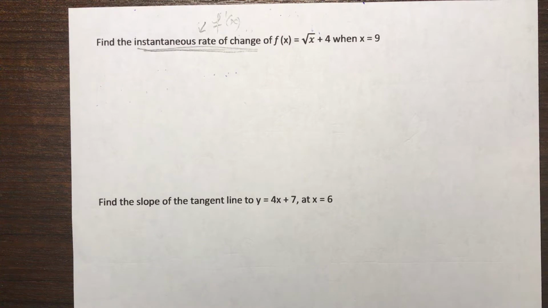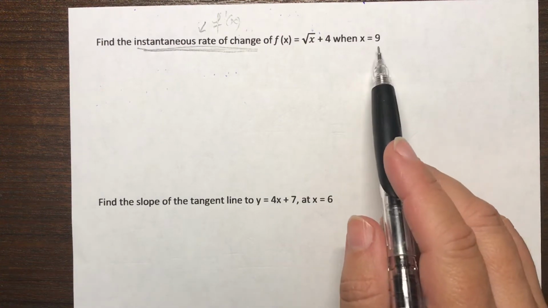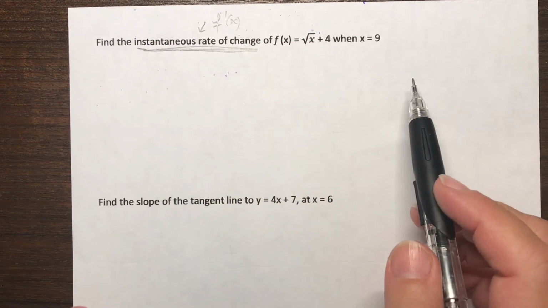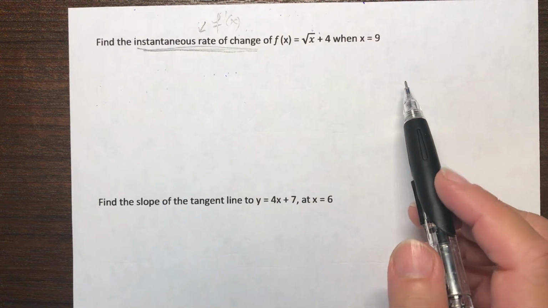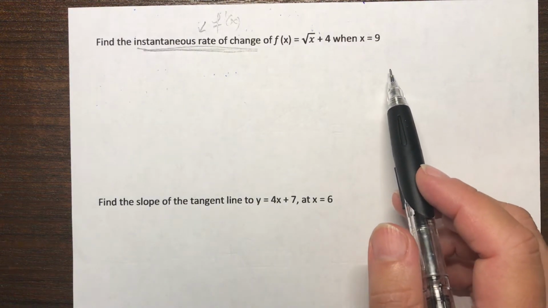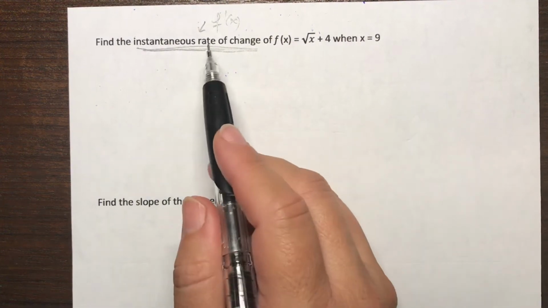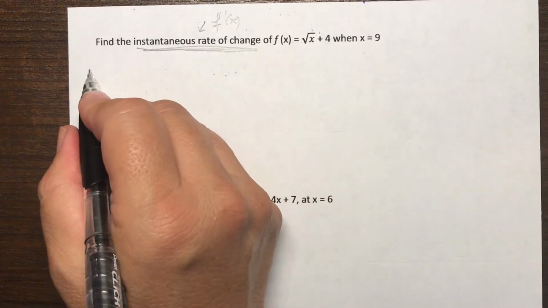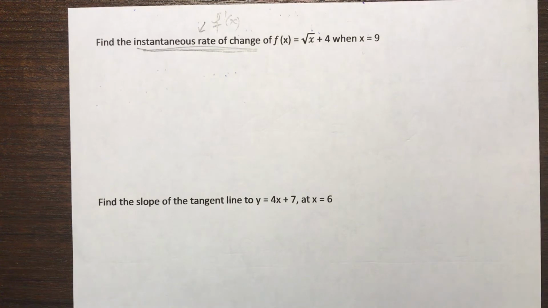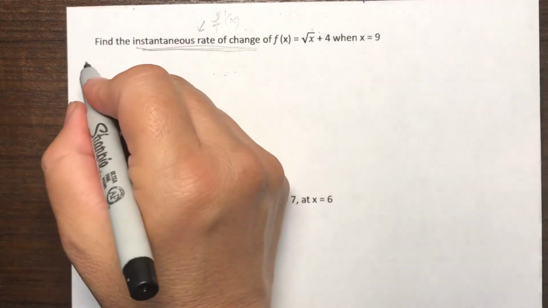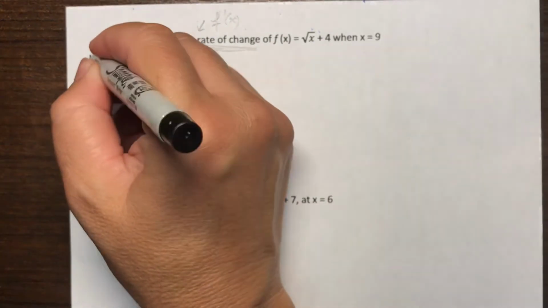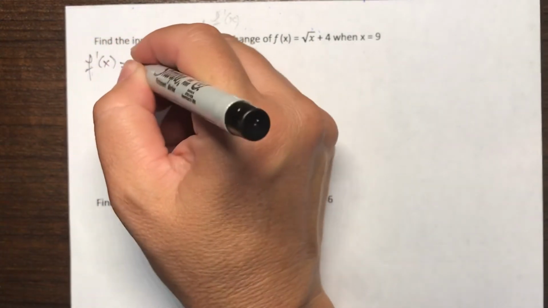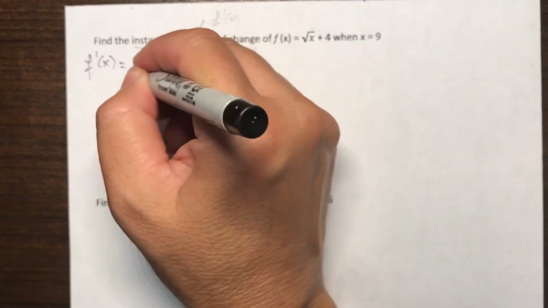Now, what you could do is make x be 9 from the beginning, but really much easier and a much better practice would be to first find the derivative and then plug in that 9. Okay, so how do I find the derivative of this function? Again, better practice.